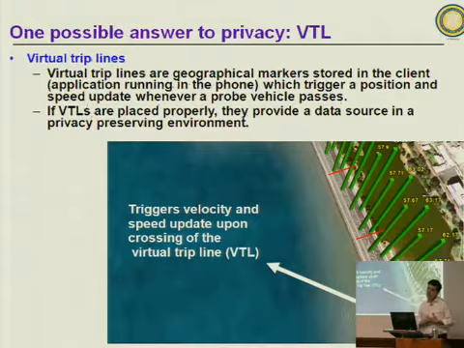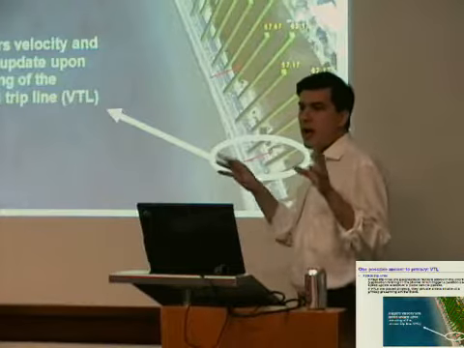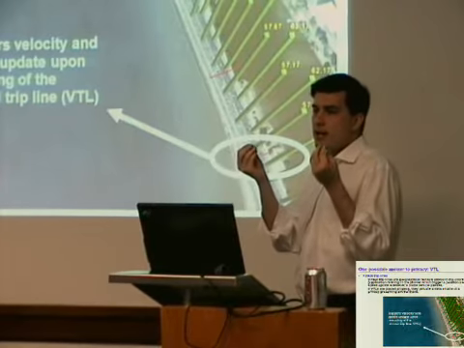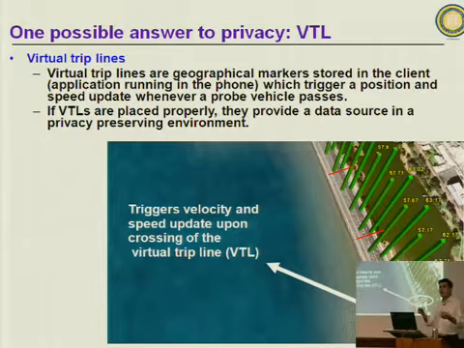The specific feature which Nokia came up with in order to preserve privacy for this type of work is the concept of virtual trip line, which is a form of geographic marker which should be considered as a trigger. So every time a car is driving through these virtual lines, which are defined by GPS coordinates, something happens.